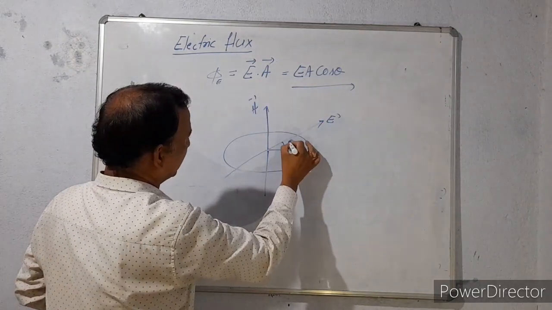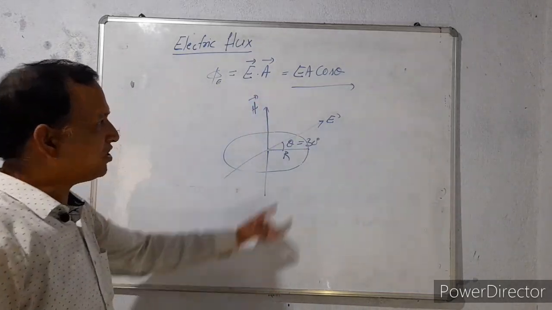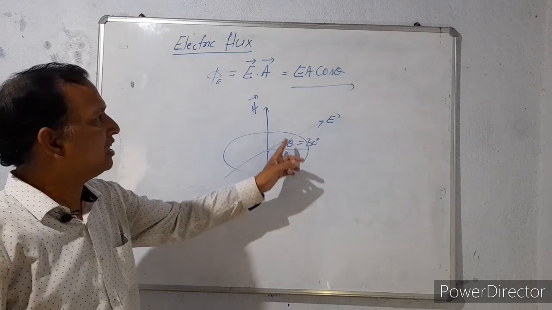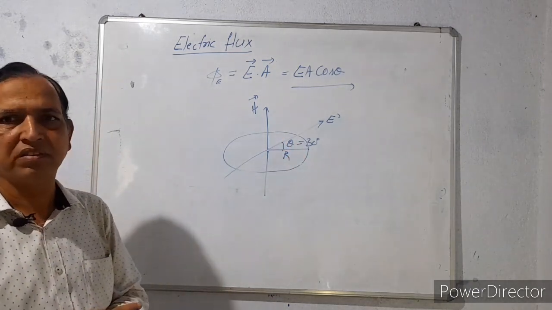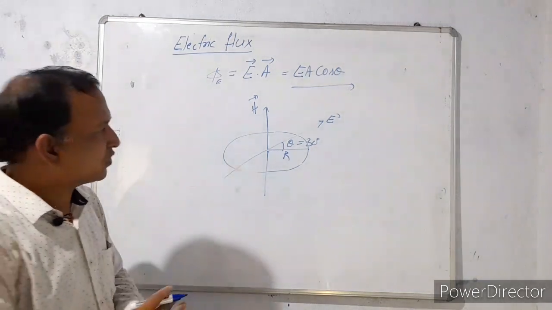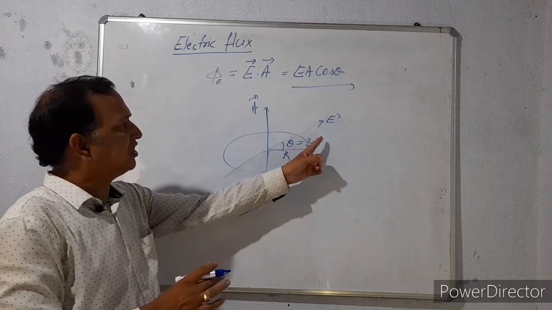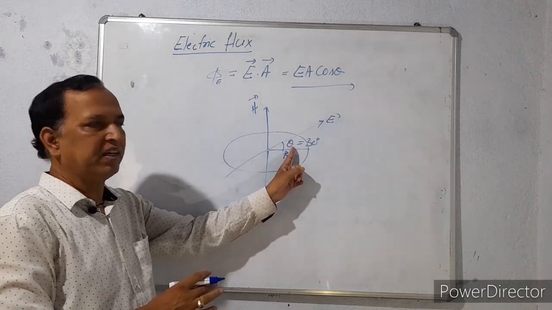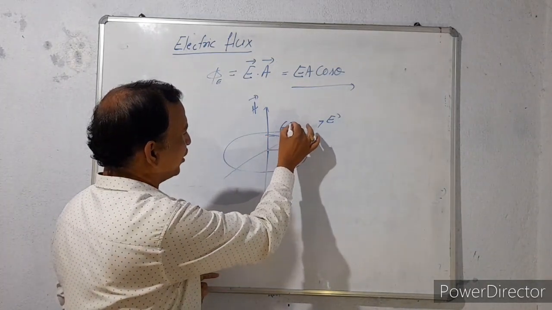This is the angle theta, suppose this angle is 30 degree. If this is 30 degree and the radius is R, we can find out what the flux is. It is not EA cos theta, because this theta is not the angle between E and A. The angle between E and A is this angle, that is 60 degree.